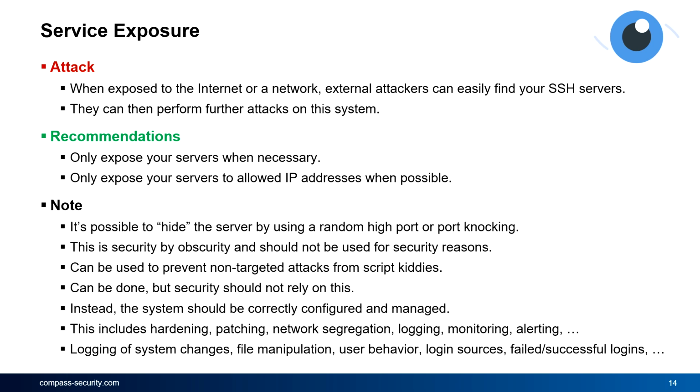It would also be possible to hide your servers a bit by using a random high port or using a port knocking technique, but this is just security by obscurity and it should not be used for security reasons. It may prevent some non-targeted attacks from low-skilled attackers, but your security should definitely not rely on this.